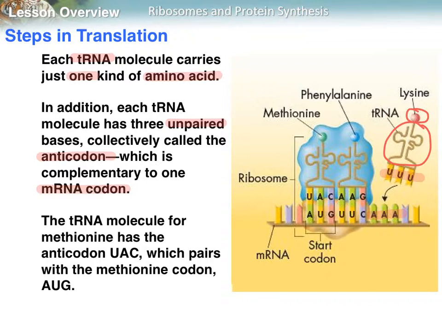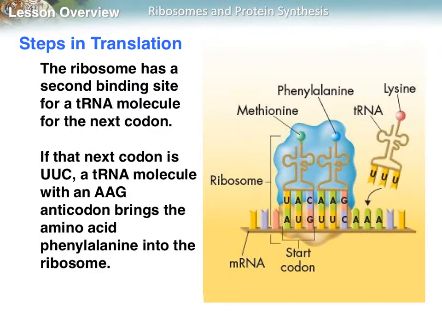So for example, if the tRNA has the anticodon UAC, that'll pair with the AUG codon on mRNA: A with U, U with A, G with C. The ribosome has a second binding site for a second tRNA molecule.